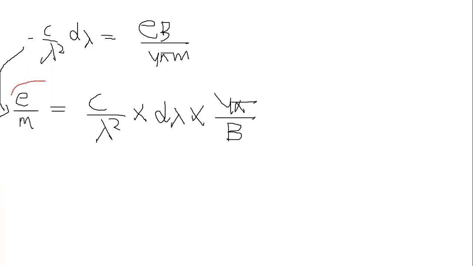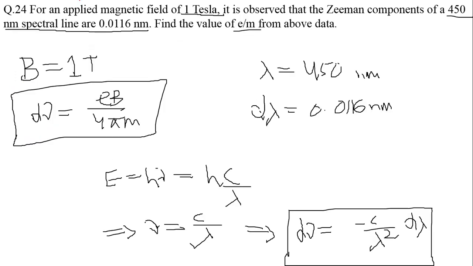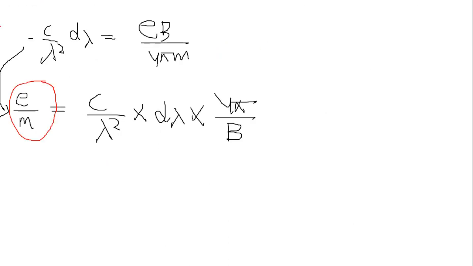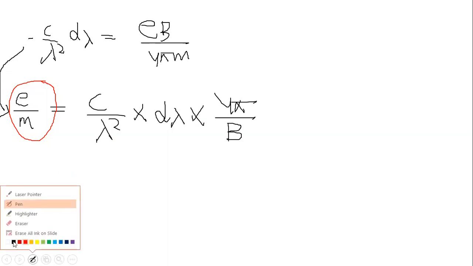So here this is the e by m ratio we want to determine, because in the question it is given to find the value of e by m from the data. So the value of e by m can be given as c by lambda squared into d lambda into 4 pi by B.